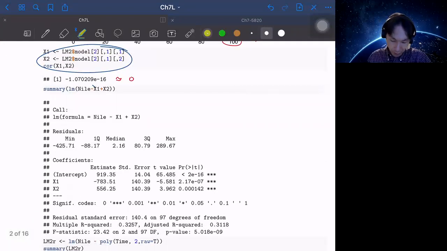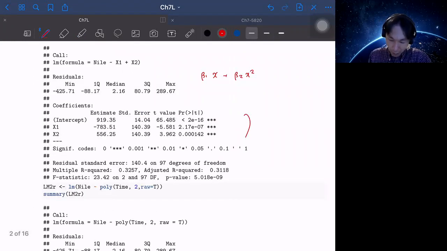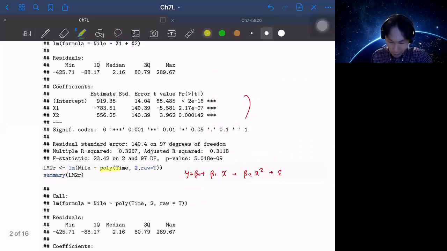But if you want to stick with beta 1 x plus beta 2 x square, we can also do that. This is the same result. If you want this model, y equals beta naught plus beta 1 x plus beta 2 x square plus epsilon, we can do that with poly of time, 2, with raw equal to TRUE.